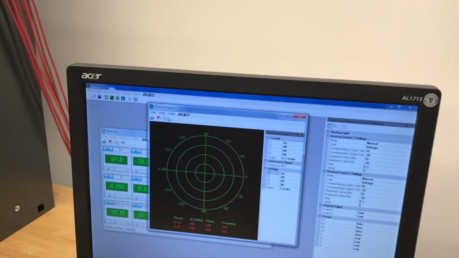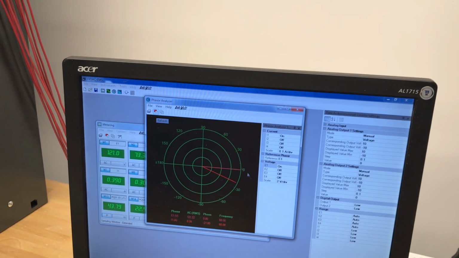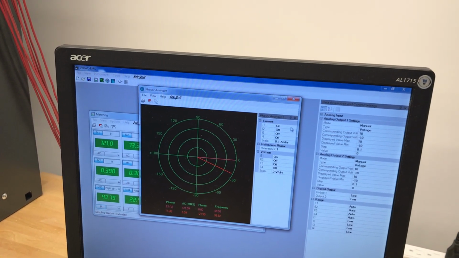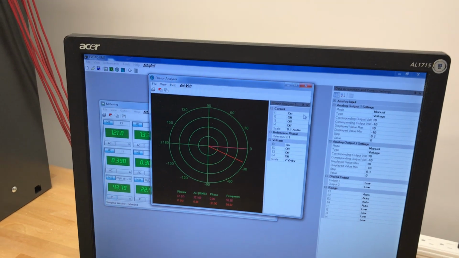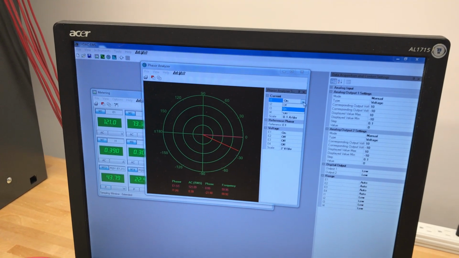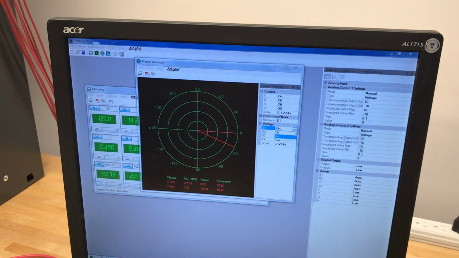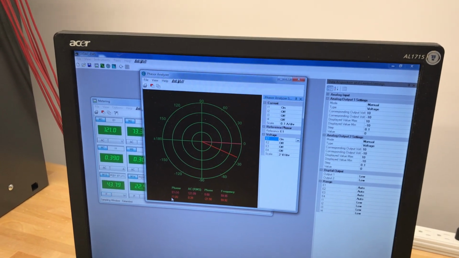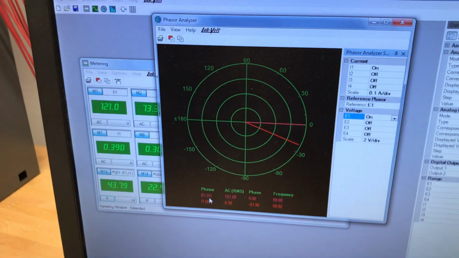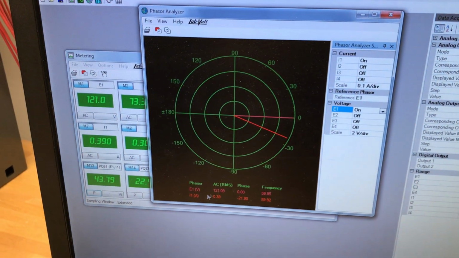Let us talk about the power factor. Here, this is showing you the power factor. I will refresh it. What do I need? I would like to know the power factor between I1, so that's why I made it on, and E1, it is on. Here it is telling me, like what you are seeing down, the phasor E1 and I1.